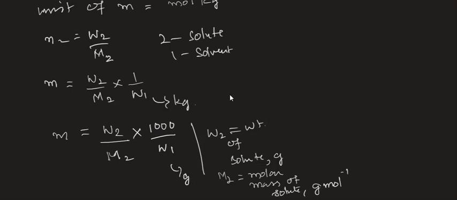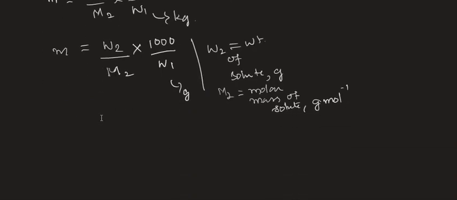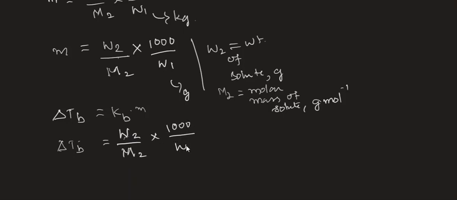Let us now include this in the final equation. We already know that delta TB is equal to KB into m. Now we can replace this. So delta TB is equal to KB into W2 divided by M2 into 1000 divided by W1, and this KB should come in front.